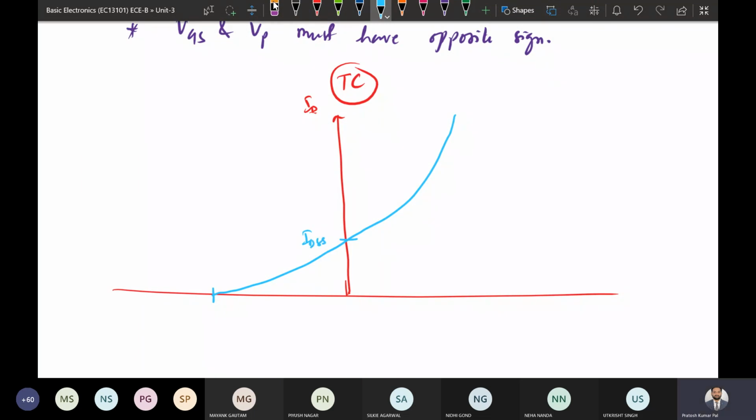So this portion will be called your depletion mode, from here to here, and this is your enhancement mode.